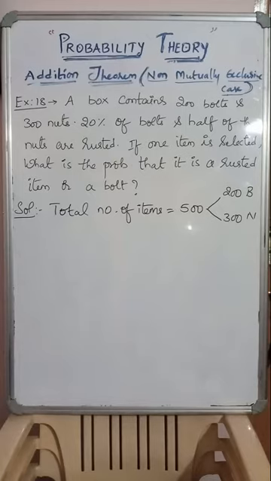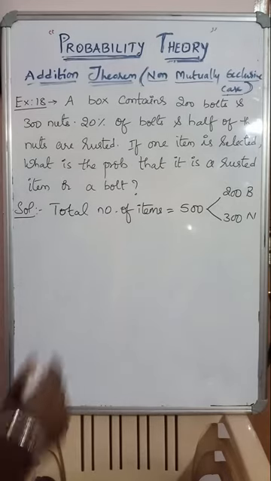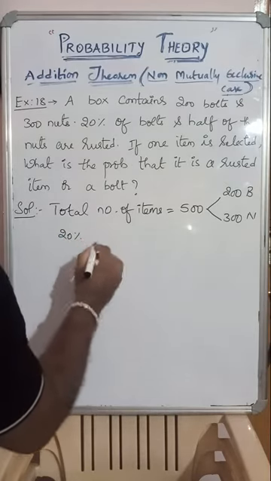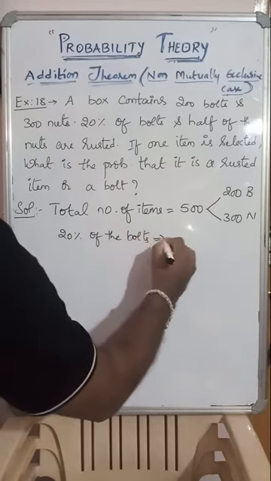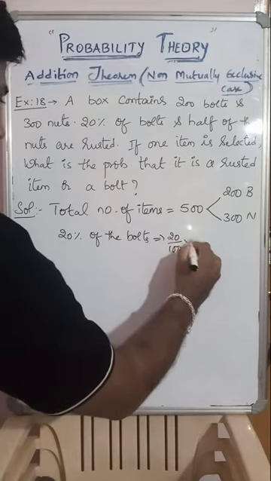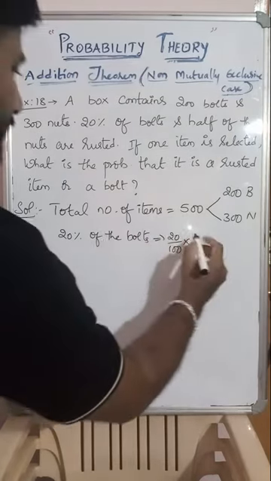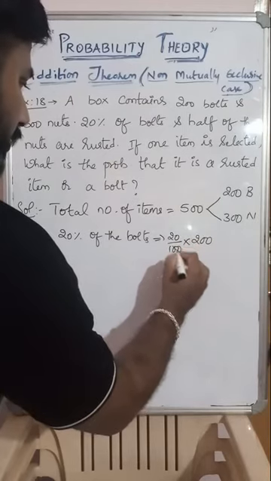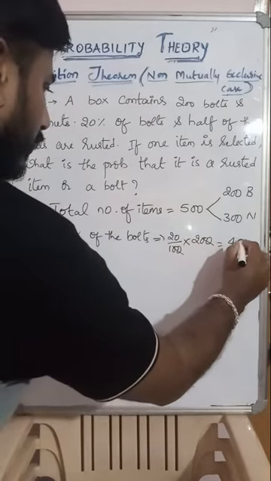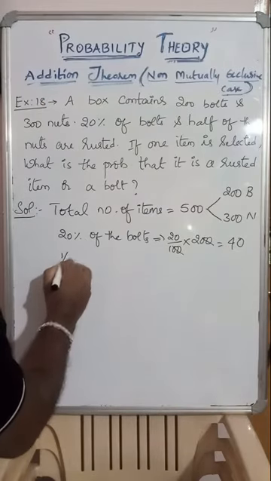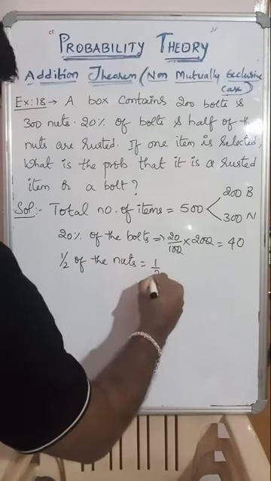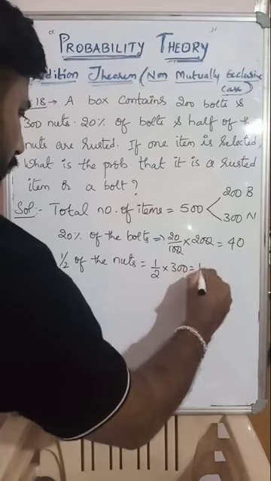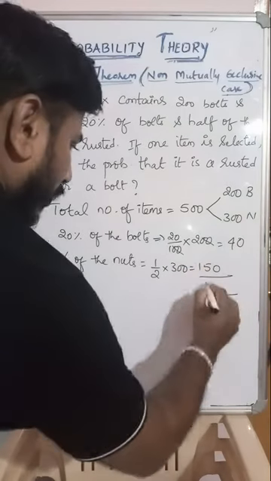Next, 20% of the bolts and half of the nuts are rusted. 20% of the bolts, that is 20 by 100 into 200 bolts, how many are there? 200. So here 40, and half of the nuts, therefore half into 300, 150.